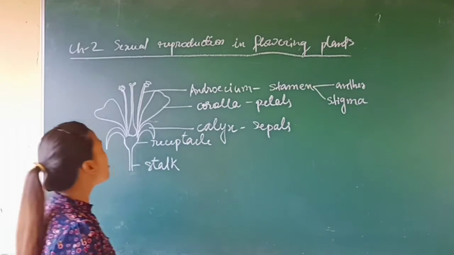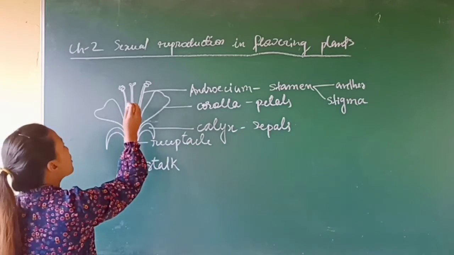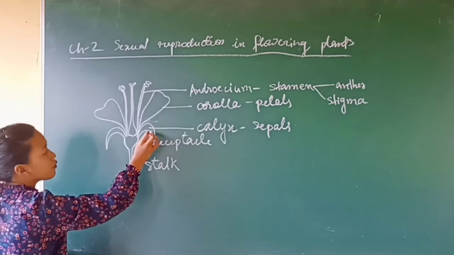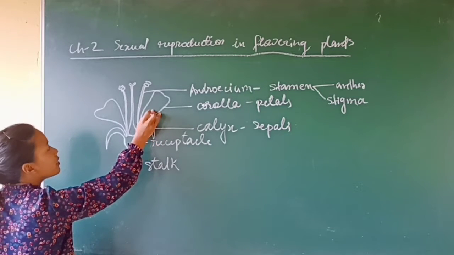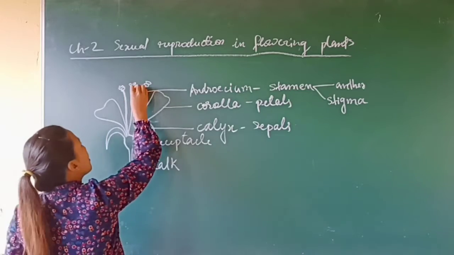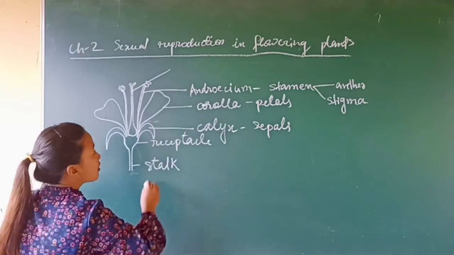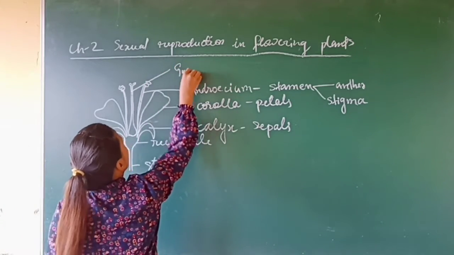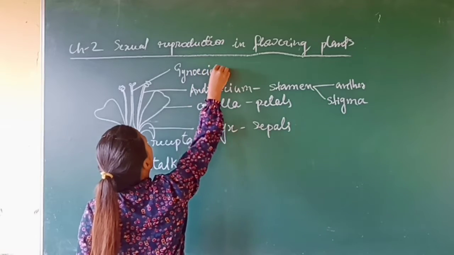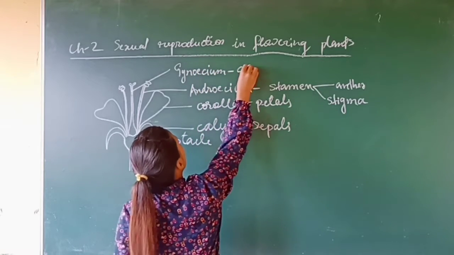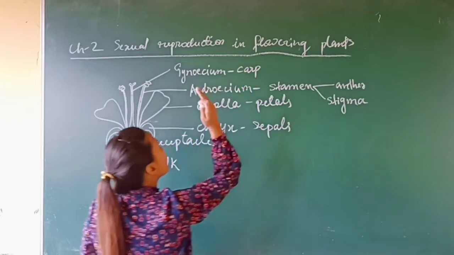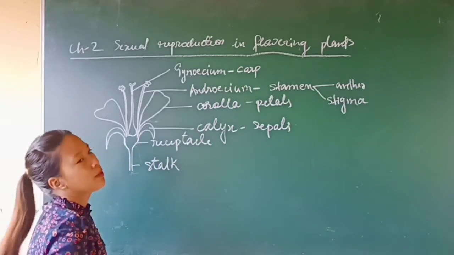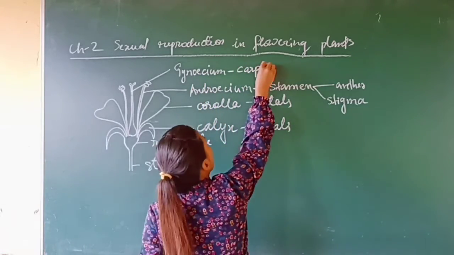And the innermost whorl of this flower, that is, this is the first whorl, second, third, and this is the innermost one, the gynoecium. Gynoecium means it is a collection of carpels. A single piece is called a carpel.